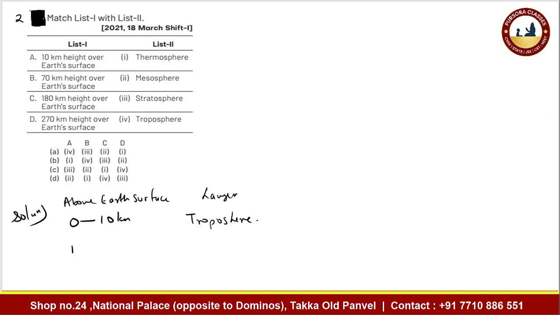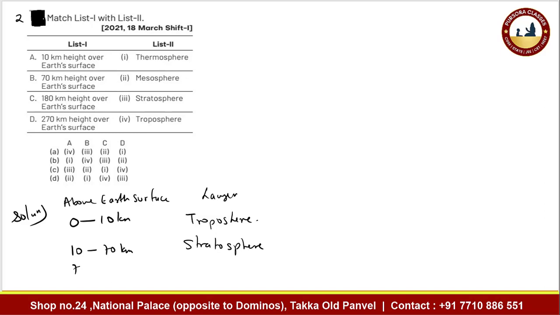Now if we go above 10 to 70 kilometers, students, then we get the stratosphere. Even our ozone layer is in the stratosphere, students, that is between 10 to 70 kilometers. Ozone layer is around 50 kilometers above the Earth's surface.